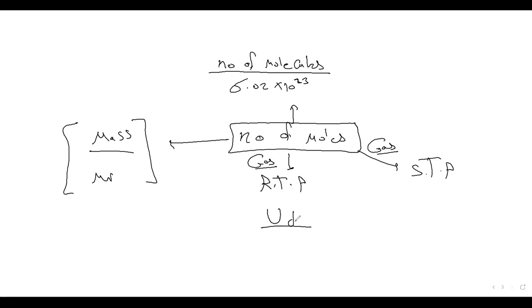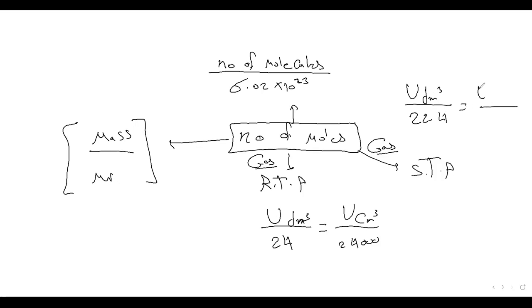At RTP, volume in decimeter cubed over 24, which is equal to volume in centimeter cubed over 24,000. In case of gas at STP, volume in decimeter cubed over 22.4, which is equal to volume in centimeter cubed over 22,400.